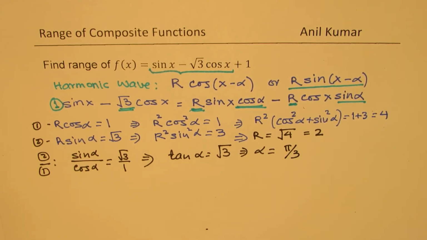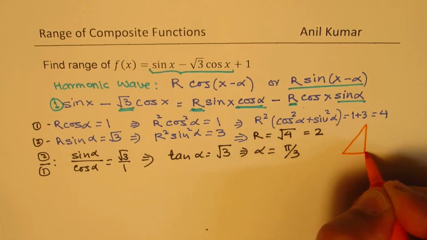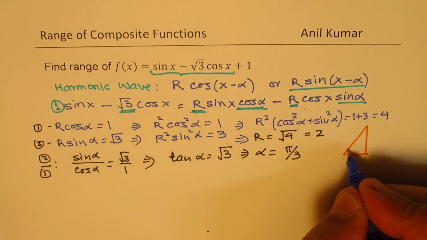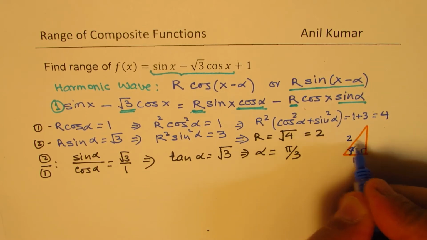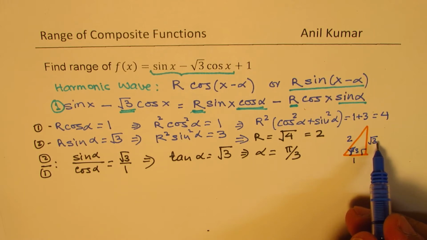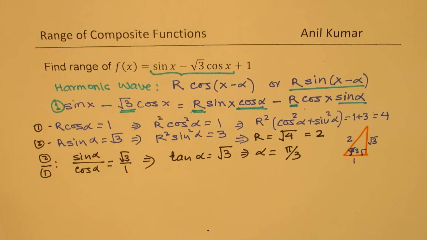So if you look into the special triangle, let's say this is pi by 3, pi by 2, with sides 1, 2, square root 3. So tan of pi by 3 is square root 3, right? So we can get alpha as pi by 3, correct?